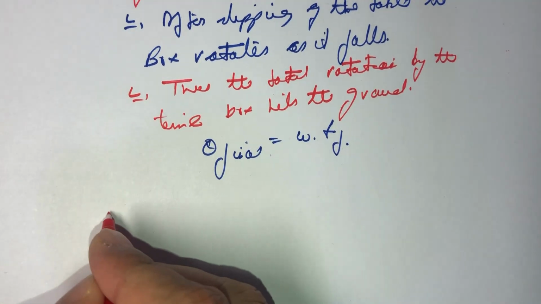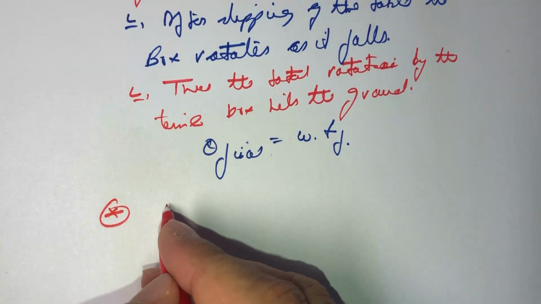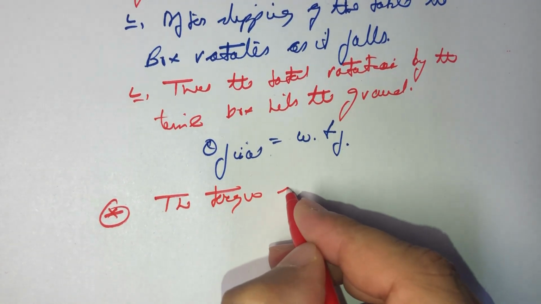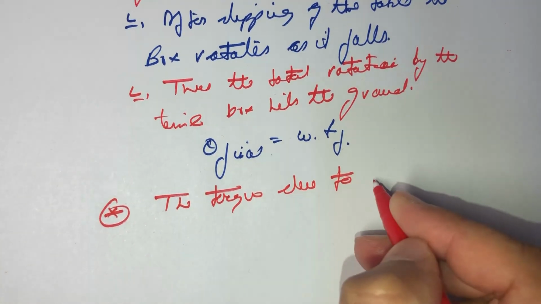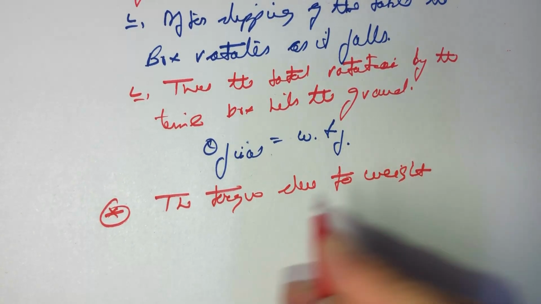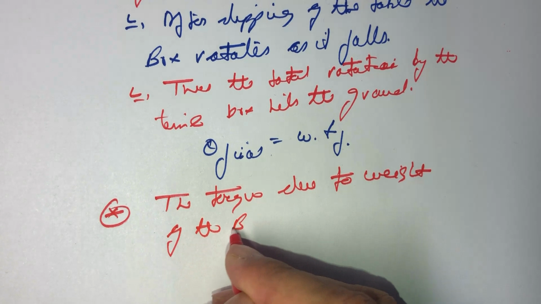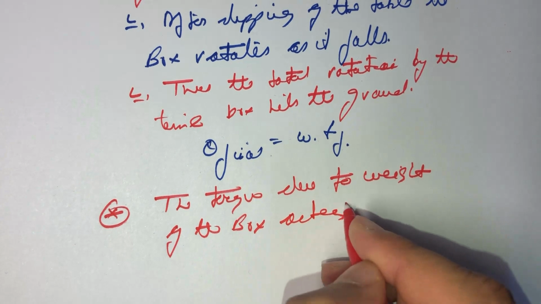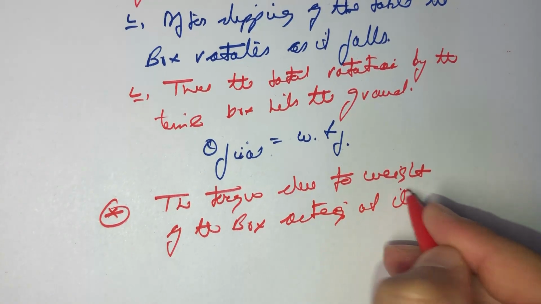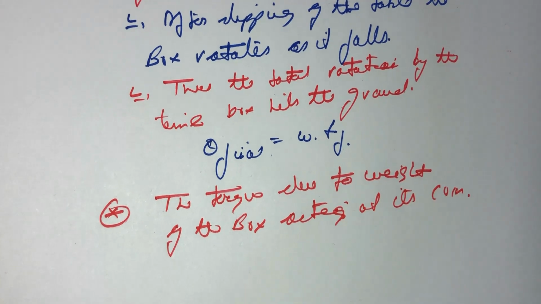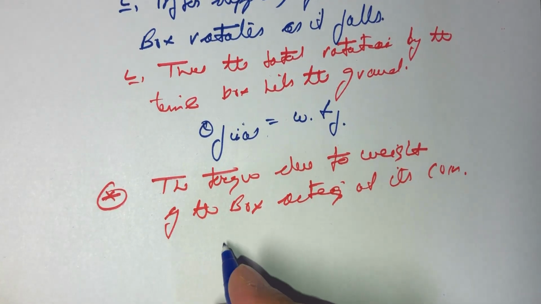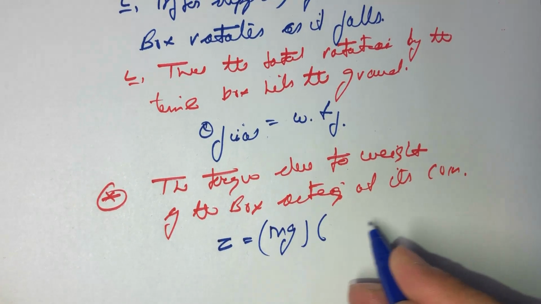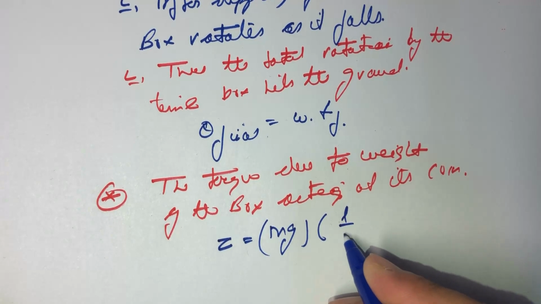So we can say that the torque due to the weight of the box acting at its center of mass is torque equal to mg, and the center of mass length is L, so this will be L by 2.